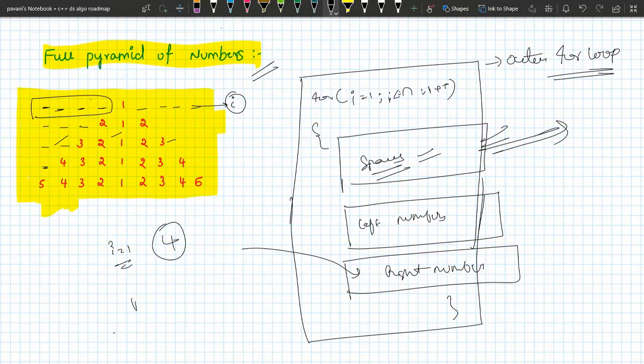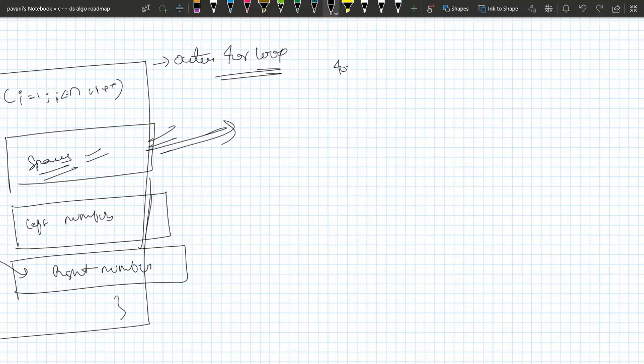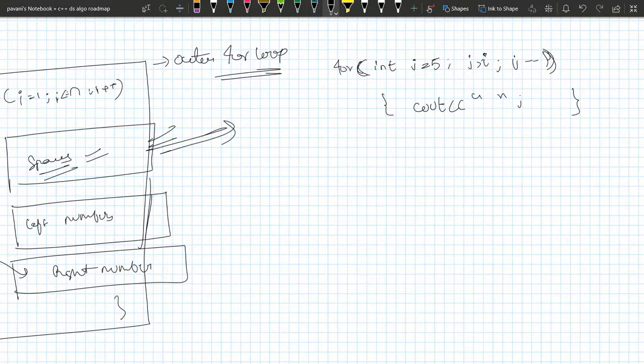That means j is initialized with 5, for int j equal to 5, and j runs while j is greater than i, with j minus minus. This loop works fine for printing spaces. Then the first inner loop is done.